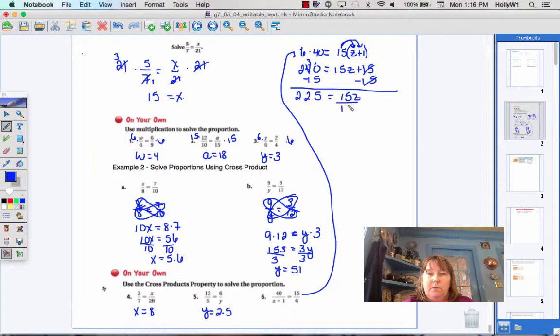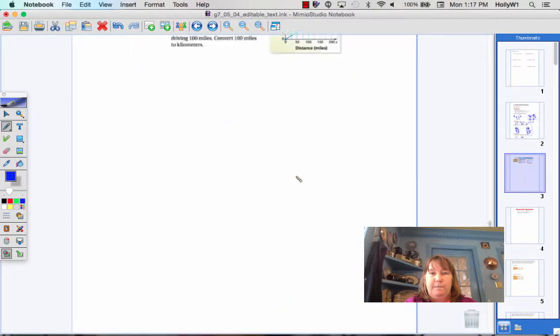I'm going to divide both sides by 15. I'm going to end up with z is equal to 15, because 15 times 15 is 225. So the only thing tricky about that is you have to remember that this 15 is multiplied by the entire expression here of z plus 1. So you have to use the distribution property. Okay, on to the next page.